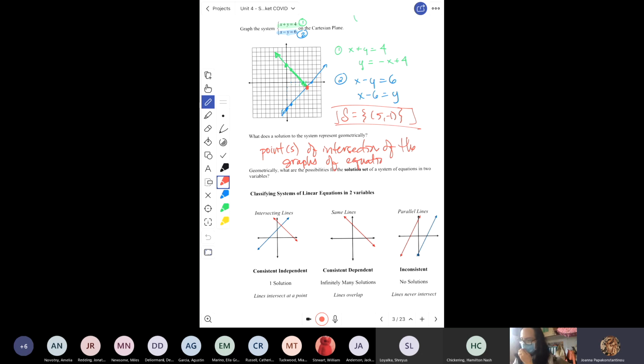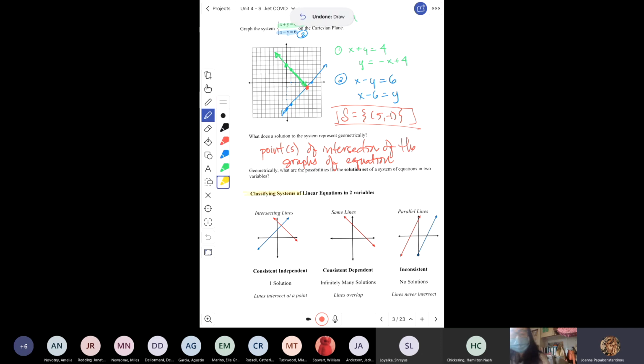So if I think about a system of two linear equations in two variables, two lines, let's think about the different ways that those two lines can be related in the plane. How the graph of those two lines can be related. Because how those two lines are related are going to tell us how to classify the system.